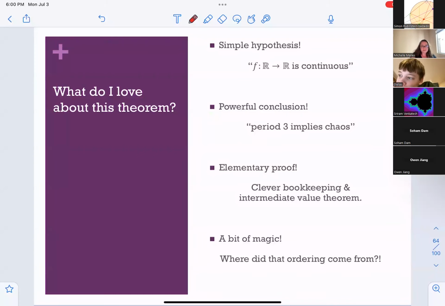And then the proof is really understandable. It's really keeping track of things and the intermediate value theorem over and over again, and some careful thinking. But then I feel like there's also this little bit of magic: where did this ordering come from? How did Sharkovsky know? It's much more than just period 3 implies chaos, right? It's this whole ordering, and how did he come up with that in the first place?